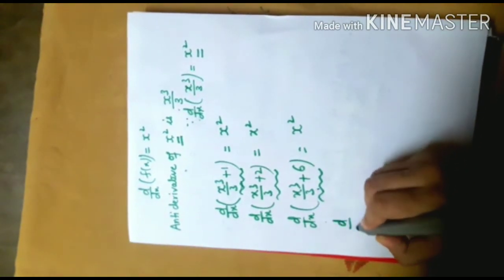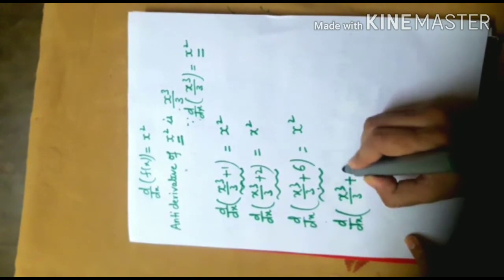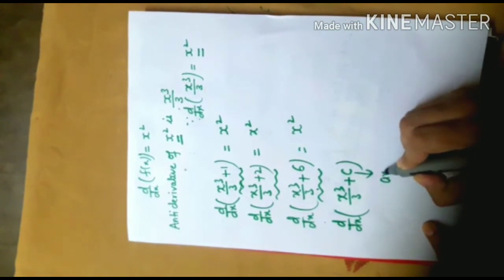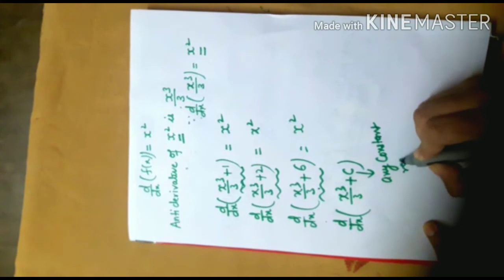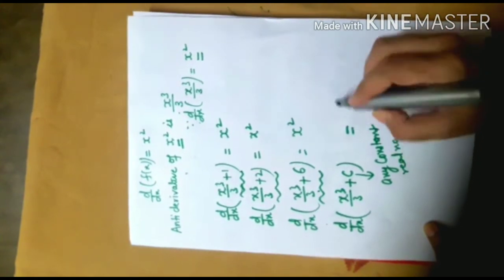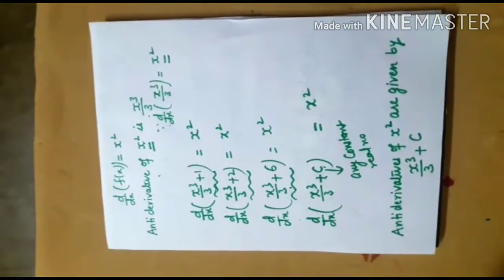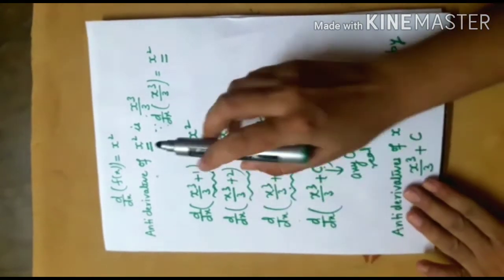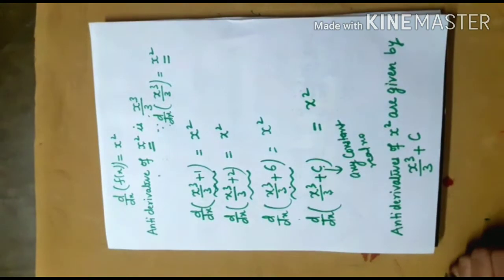In general, the derivative of x cube by 3 plus c, where c is any constant real number, will be x squared. Thus, we have seen that the antiderivative of the function x squared is not unique.